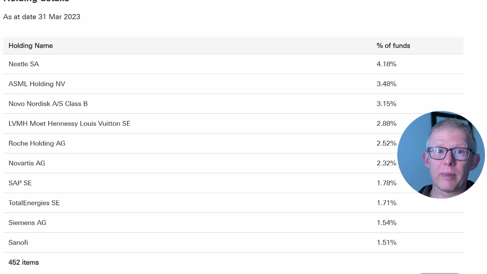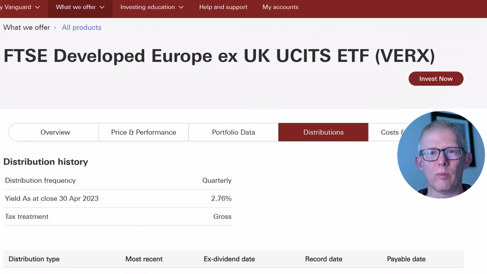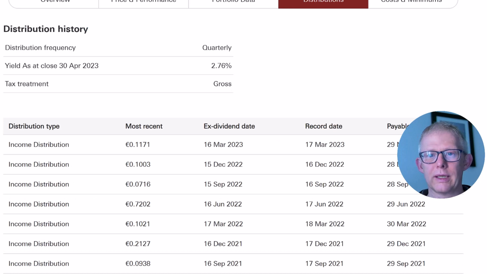There are big companies that are in here, and let's see, what does this look like when we look at the good old distribution side of things? A reasonable dividend over the whole year, you would get that 2.76%. 3% gross. And that's paying out quarterly in the normal Vanguard payouts of March, June, September and December.